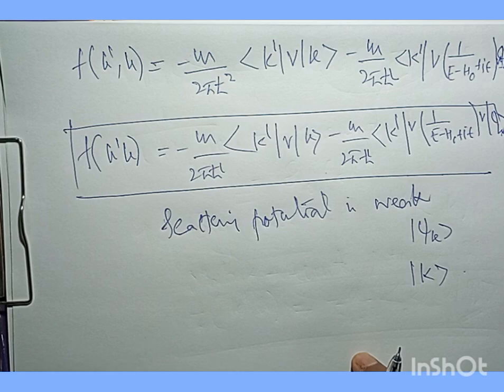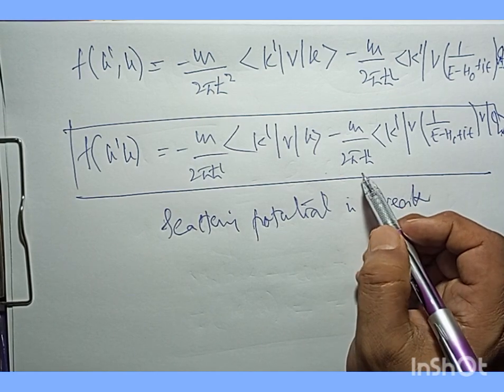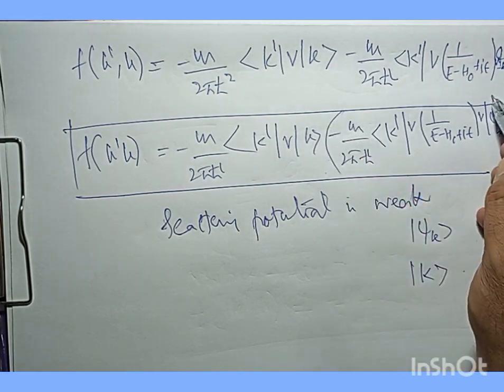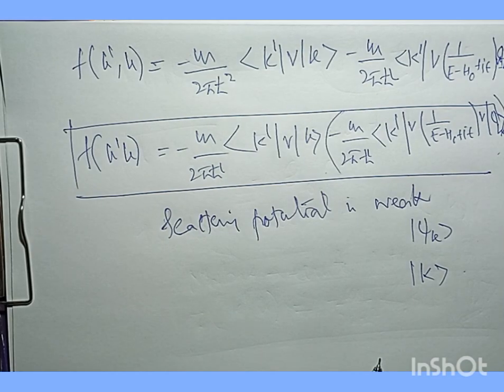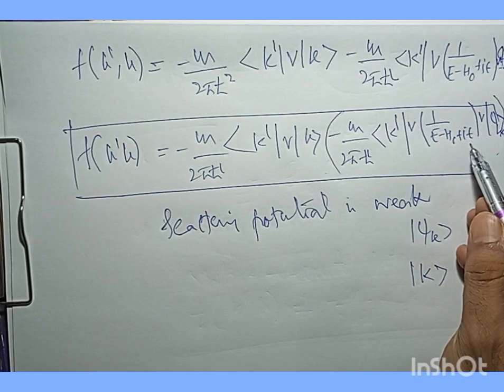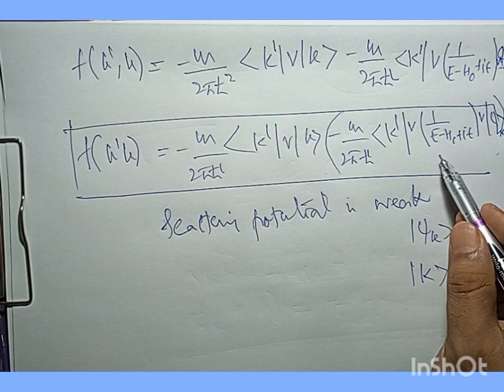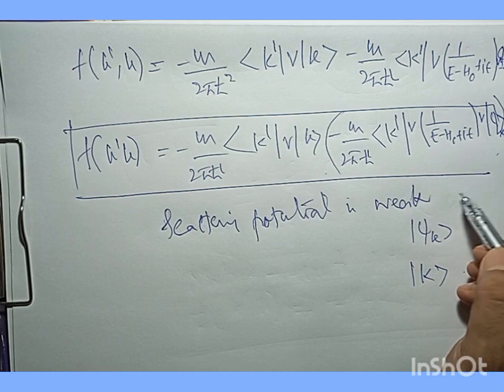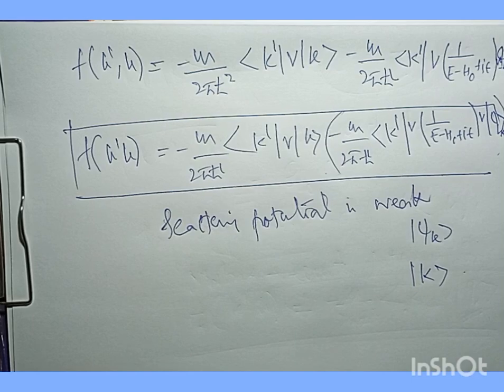In the second term of the Lippmann-Schwinger equation, if we take that down, what we get is the first Born approximation.